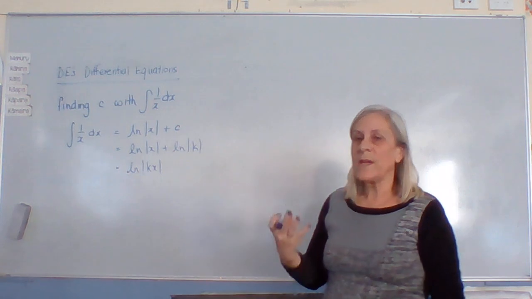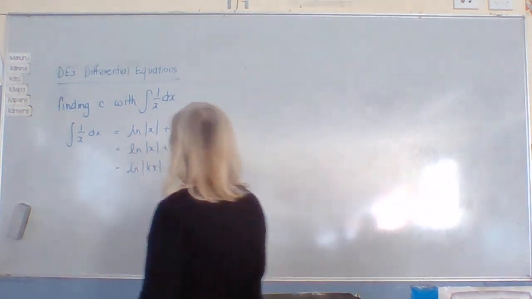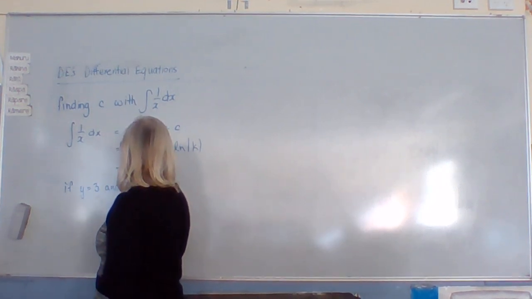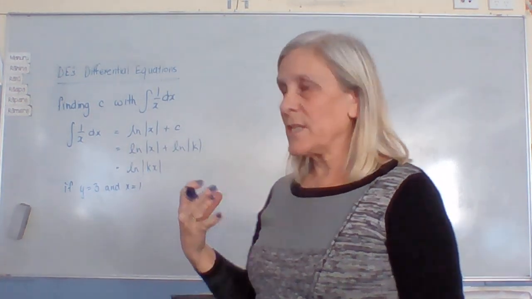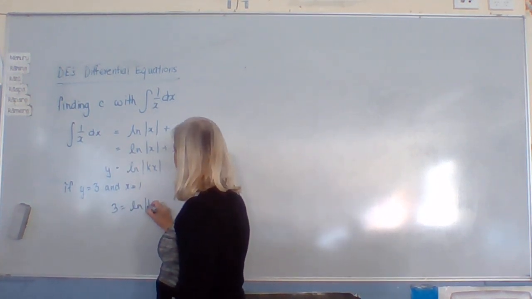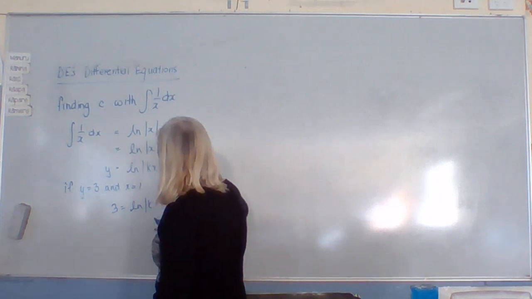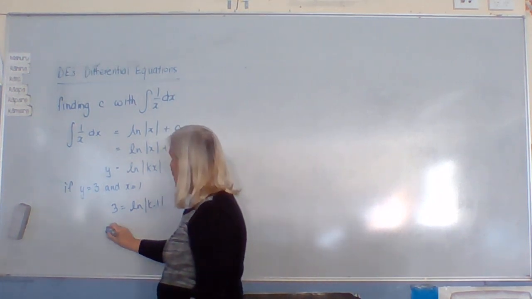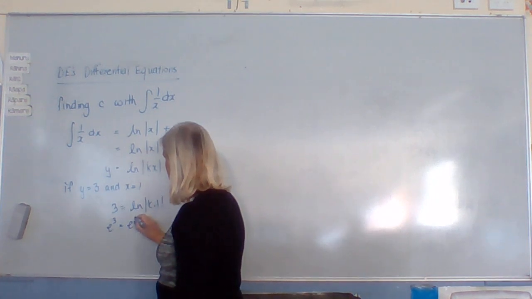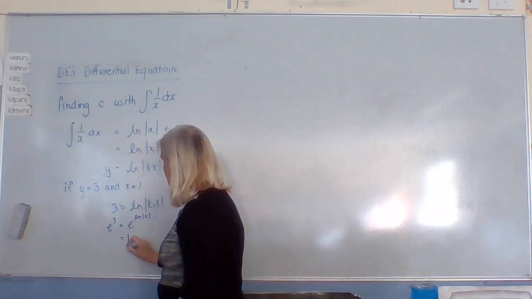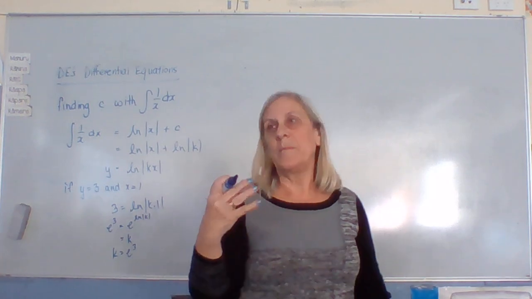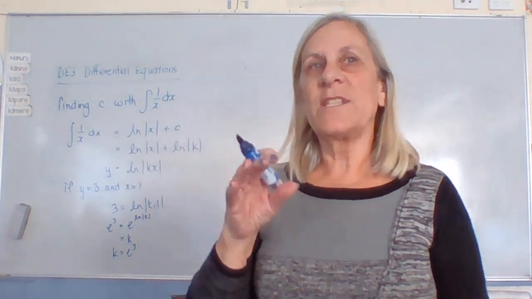And that means that when we are given a piece of information, like this, and we're trying to solve, we would get 3 equals ln of kx, k times 1, and we take our natural logs, then we can find it easily because we don't have to worry about that e to the power of. So that's just a little bit about finding that constant.